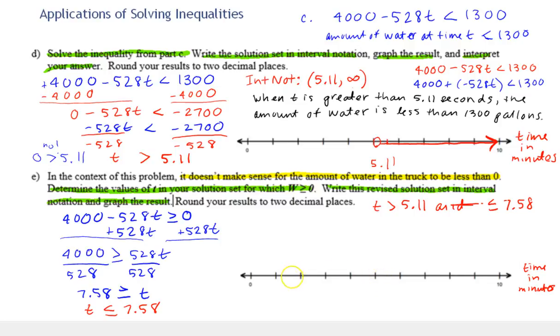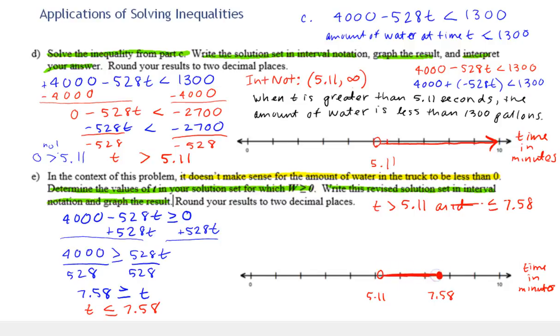It was about here, 1, 2, 3, 4, 5. And t less than or equal to 7.58, well, here's 6, 7, and 7.58 is a little bit more than half, and I'm going to use a solid circle. So 5.11, 7.58, and the values that work for both of these is anything in between.